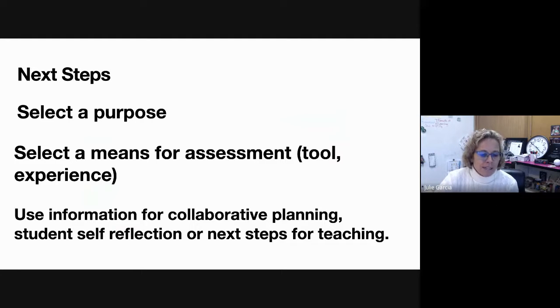So if you're working together in grade level teams or in department groups, bring those formative assessments together. Try all giving the same assessment and bring them back and use that as a launching pad for thinking through what to teach next or what to go back and teach. So really using those tools as a way to modify and adjust your instruction.